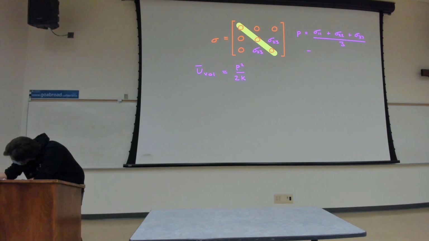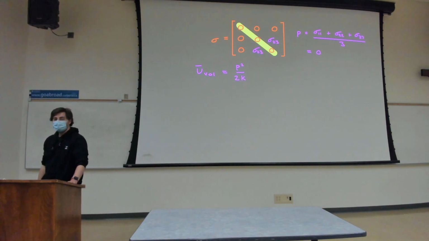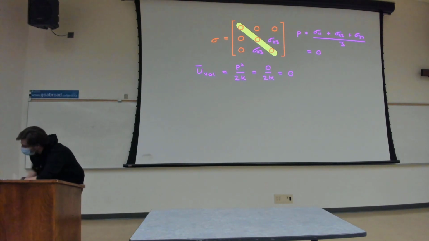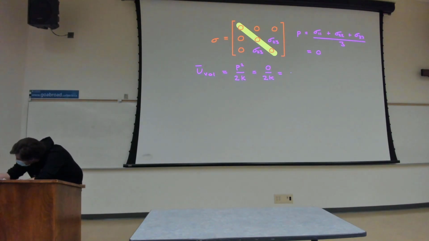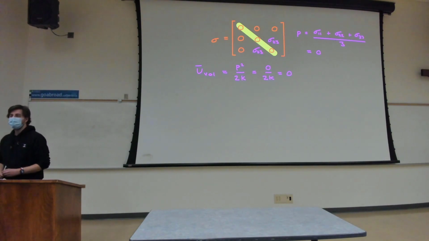So we know that this is going to be equal to 0. So what is my volumetric strain? 0. I put 0 at the top, 0 divided by 2K. It's going to be equal to 0. Ooh, that's a bad 0.